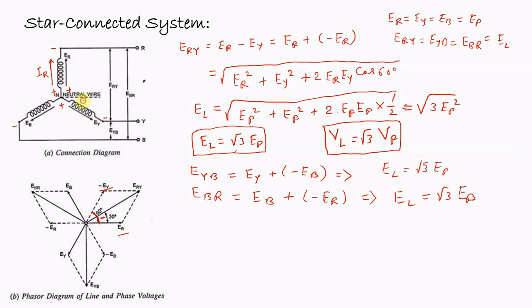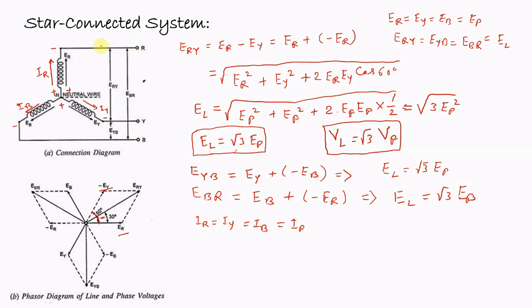So here it will be IY, and here it will be IB. And we have already discussed that the parameters related to a coil is considered as a phase value. So the value of IR will be equal to IY, will be equal to IB, and it will be the phase current. For a balanced system, the magnitude will be same. Remember, these are RMS values.